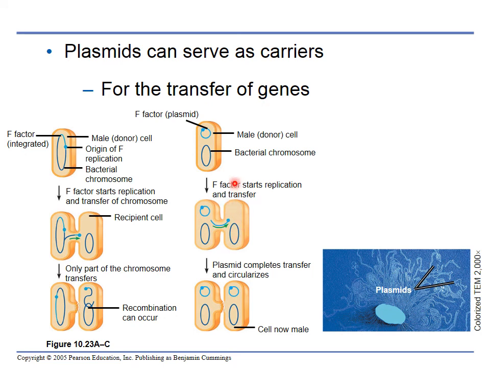And now, if this is an F factor plasmid, which F factor just means fertility factor, then this cell would now become male. There are other plasmids. They're not all F factor plasmids. They can carry other genes. But in the example given here, it's an F factor. So this cell will have sex pili and other things that help it reproduce.